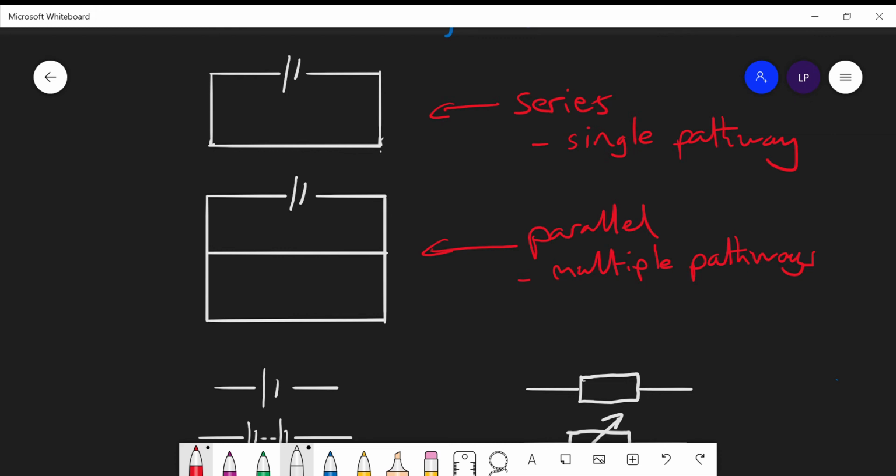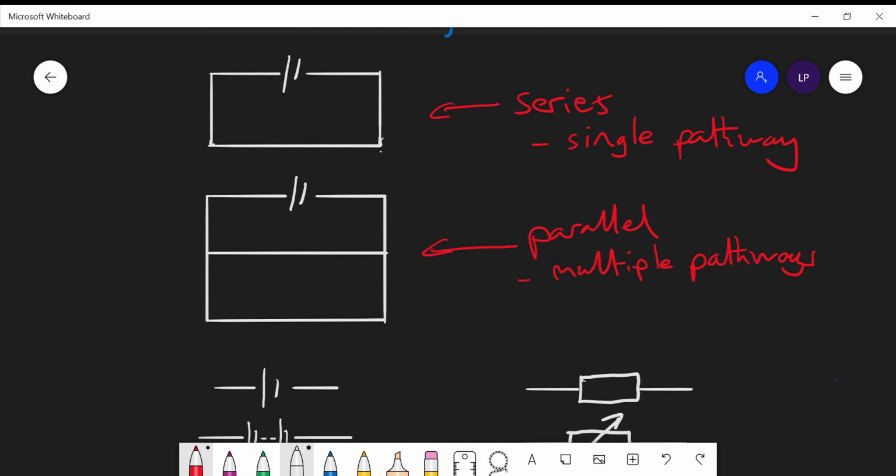But the very important thing is, if you get a break in one pathway in a parallel, that will only stop that pathway. It will not stop the flow of current completely. Just everything else will just carry on going through any other available pathway that does not have a break in it. Whereas a single break in a series will stop the flow of current completely.